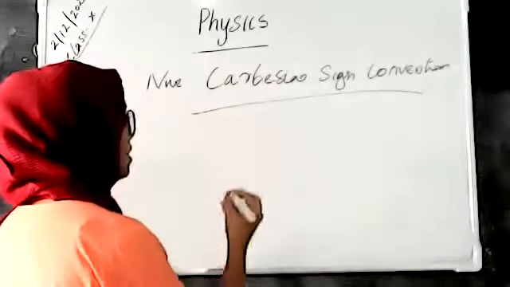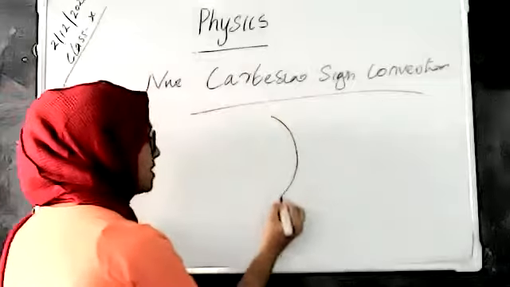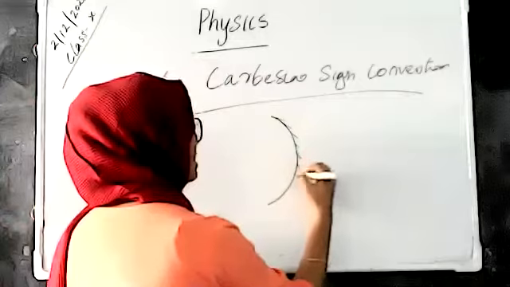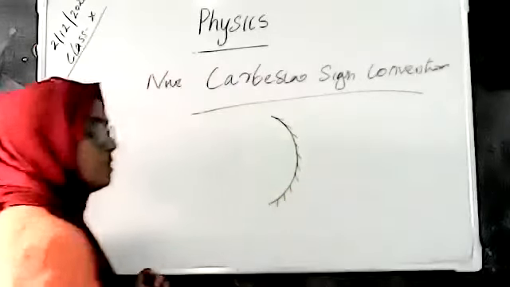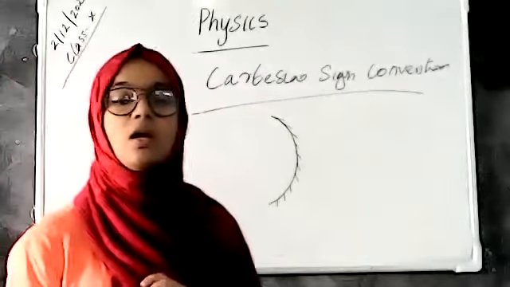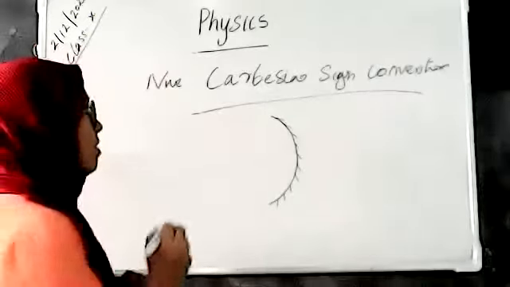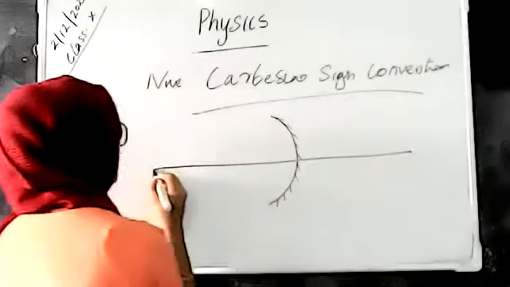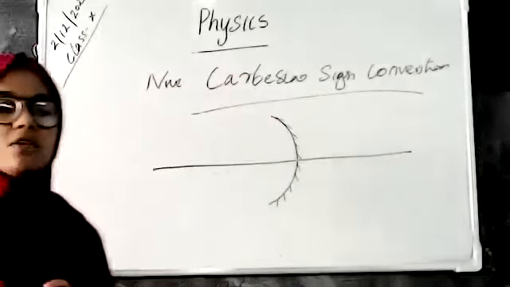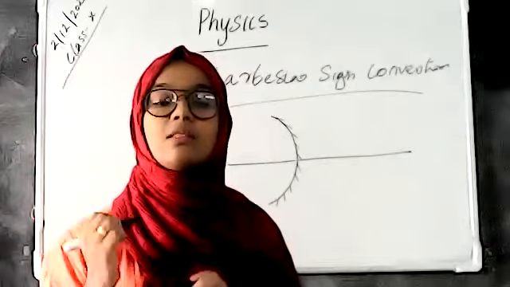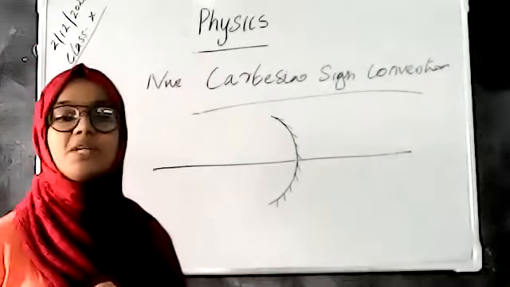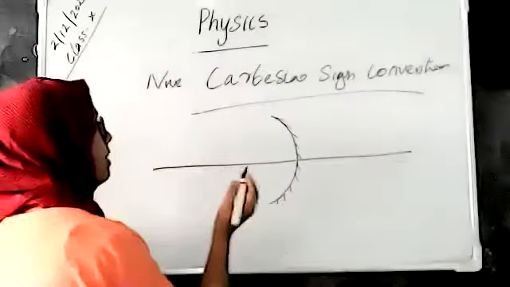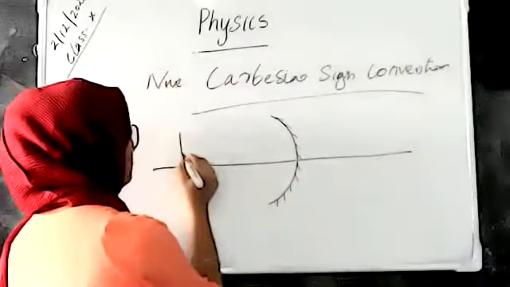So first, we find the distance of the object from the mirror, the distance of the image from the mirror, and also the heights of the object and the image. How can we calculate using the New Cartesian sign convention?